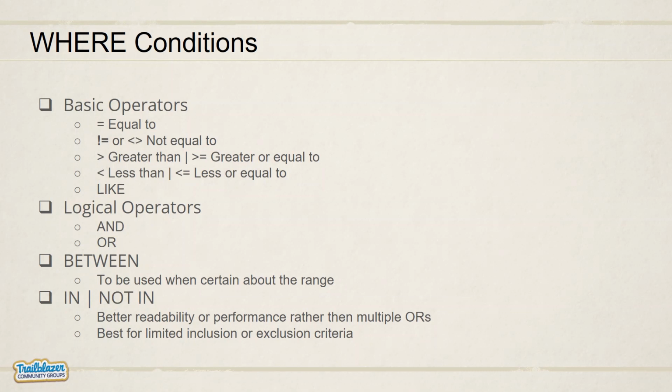Then IN may not be very efficient. So what you may need to do is greater than, less than. So you have to tweak your where conditions according to the situation. There is no one rule which can fit all, but there are certain best practices.